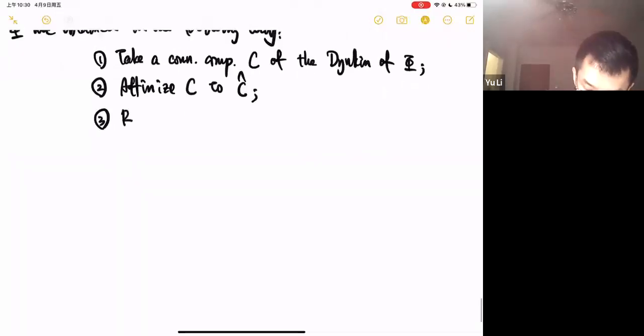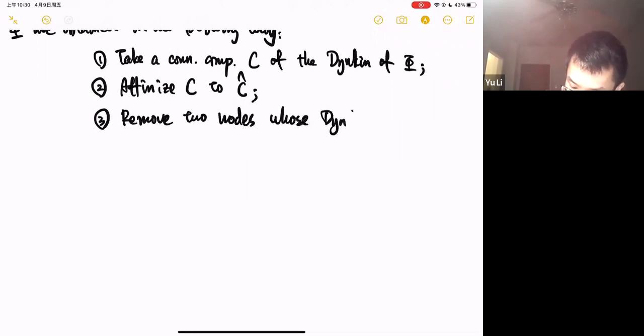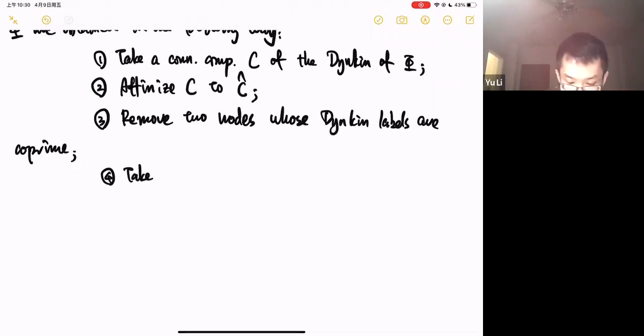Okay, so then the first step is remove 2 nodes whose Dynkin labels are coprime. And then the last step is take the root subsystem generated by the remaining nodes.